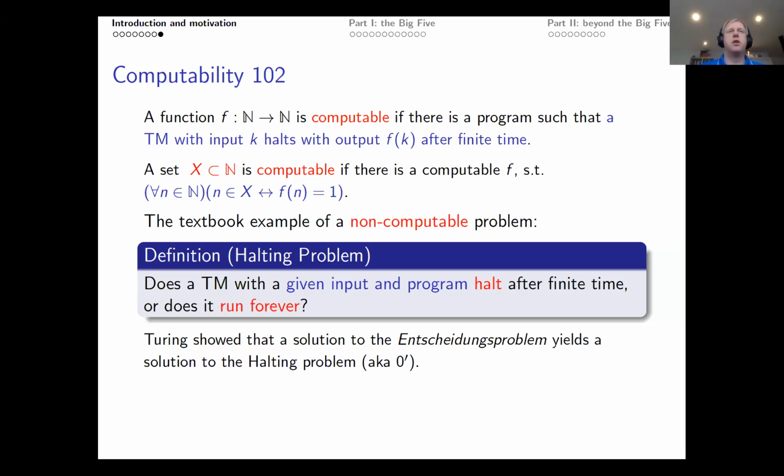So Turing showed that the Entscheidungsproblem does not have a computable solution by reducing it to the non-computable halting problem. And this was the birth of computability theory, and the grandfather of computers, let's say, Turing was.